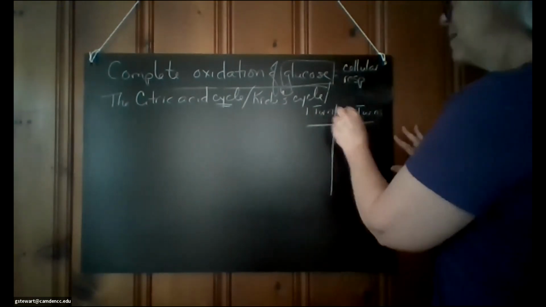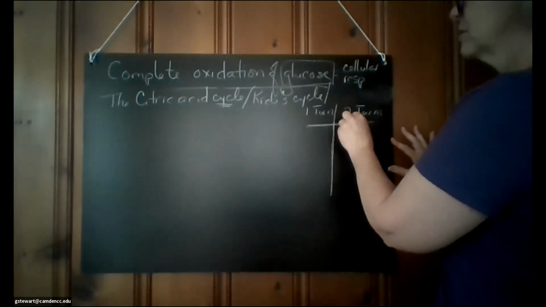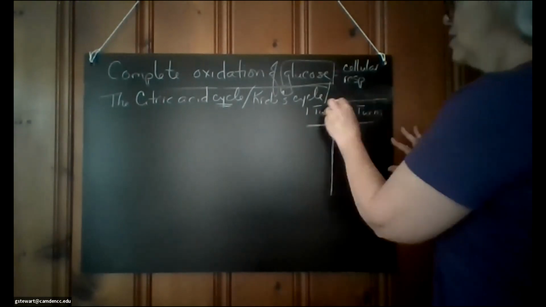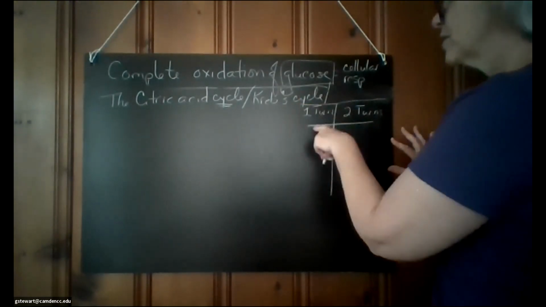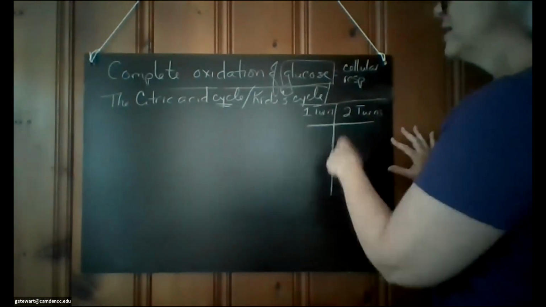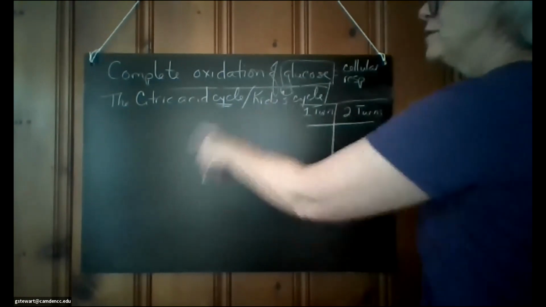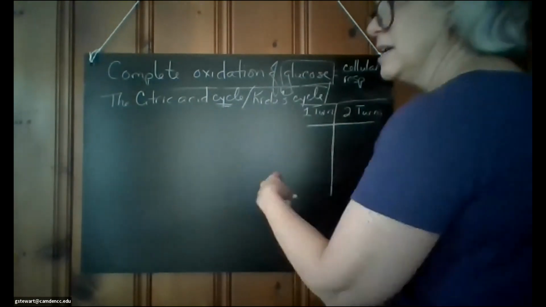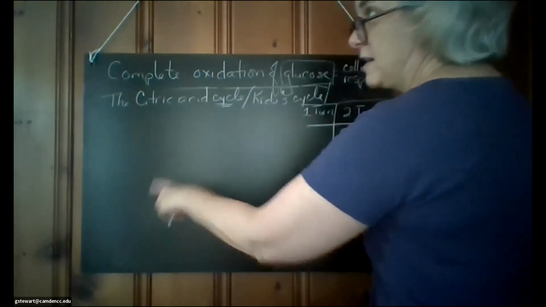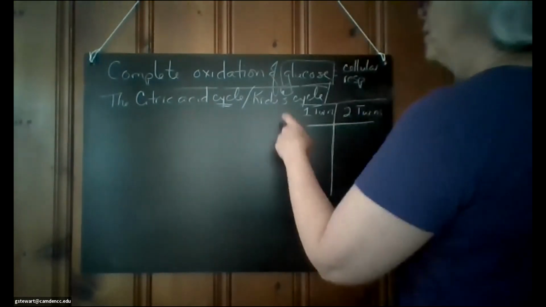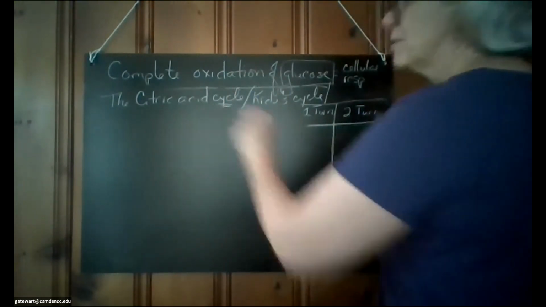We have 2 of them because we started with glucose. Okay. So you're going to need to know the numbers for a single turn of the Krebs cycle, as well as if we are oxidizing glucose all the way, we have to go around twice, just like we had to take each pyruvate and turn it into an acetyl-CoA. We have to take each acetyl-CoA and turn it around the Krebs cycle.